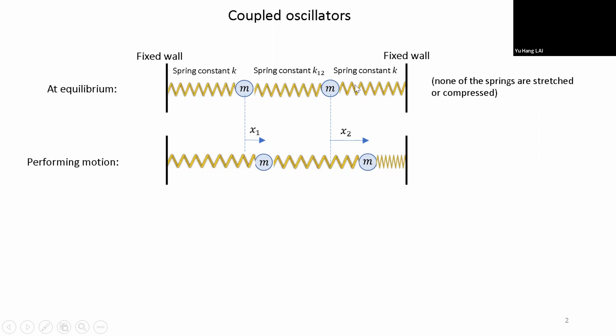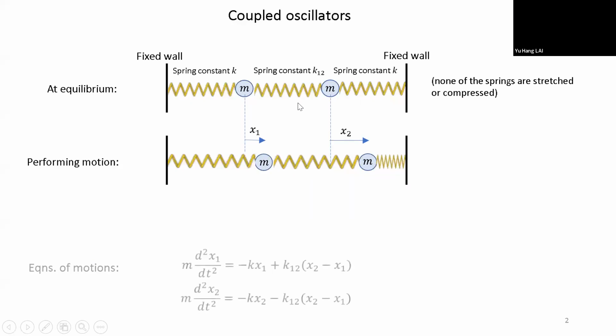This is what happens at the equilibrium position, and each spring has its own spring constant. They are all at their natural length initially.